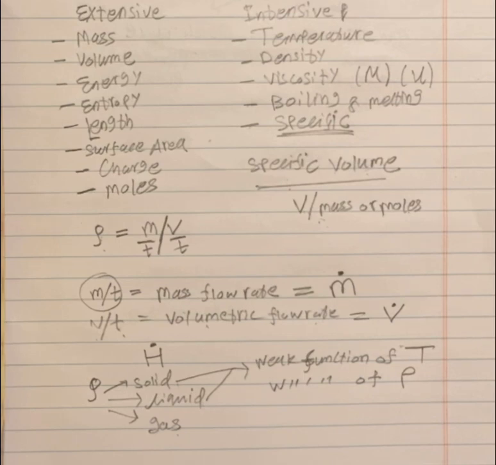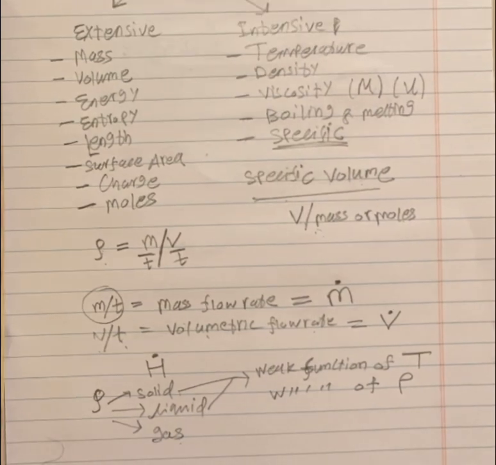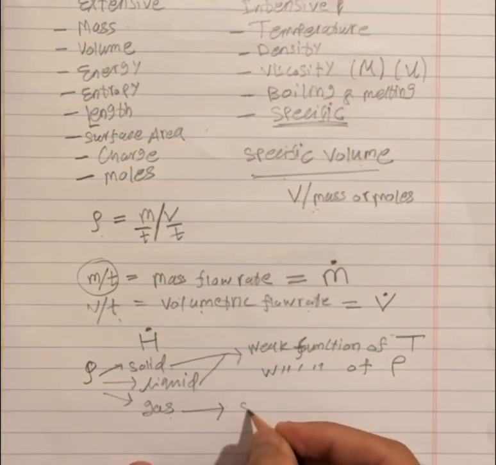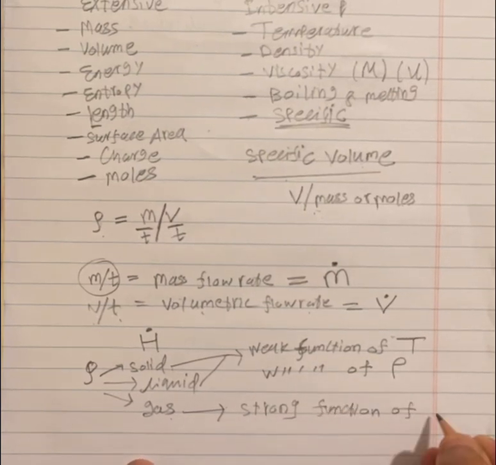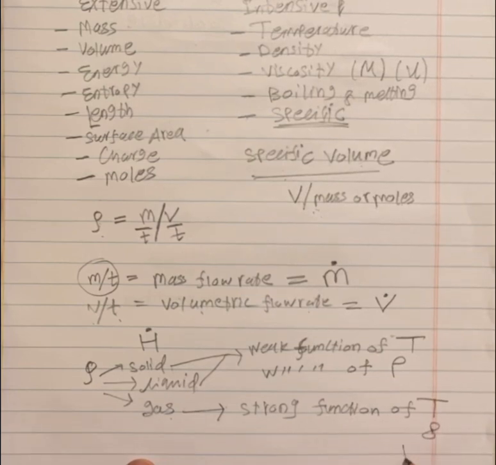So there is 1% that might depend on the pressure somehow, but 99% of liquids are incompressible, which means they do not depend on pressure and temperature also. But for gas, it is different. Density of gases is really sensitive, really responsive to pressure and temperature. They are a strong function of T and P.